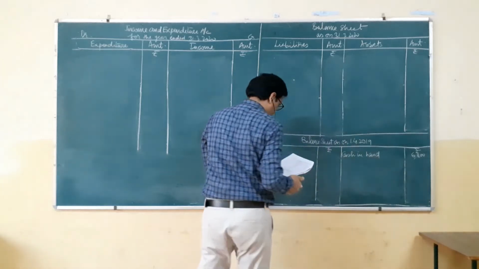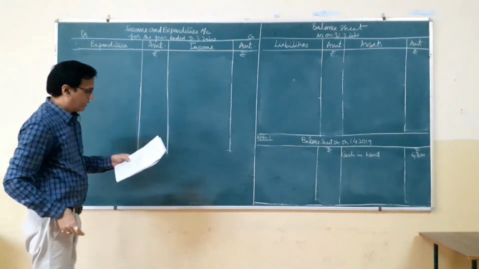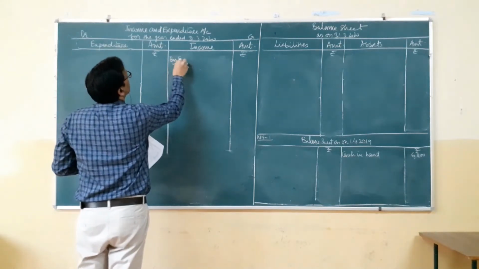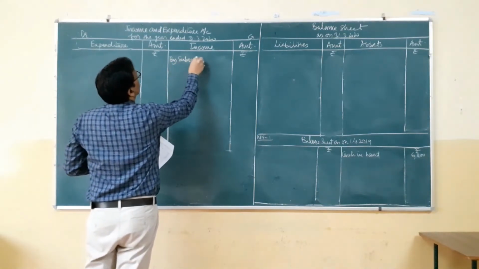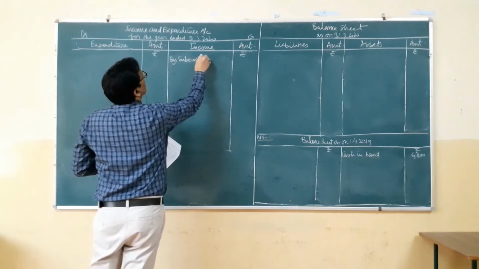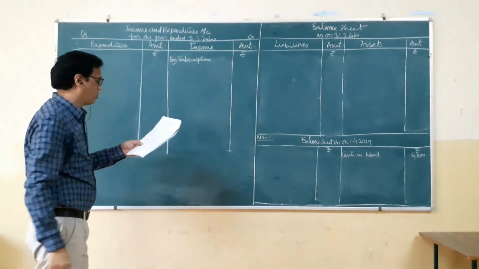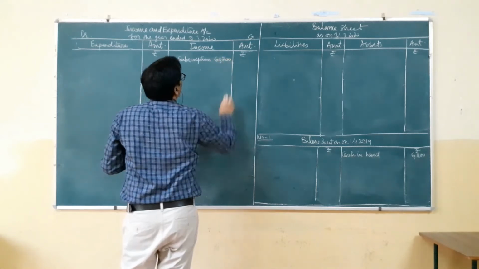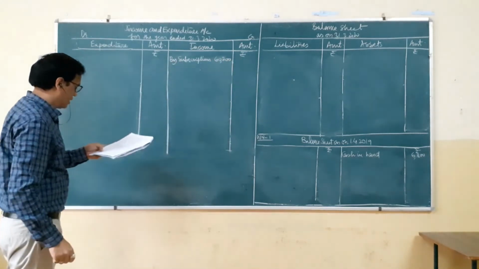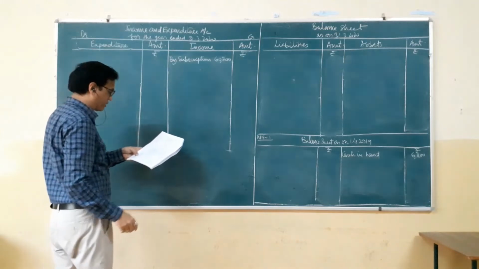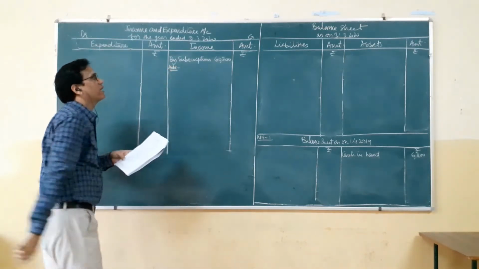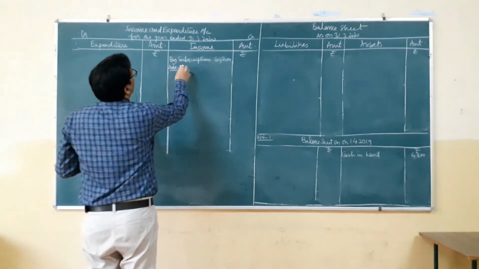Simultaneous methods we are solving this question. Then to subscriptions. So it is income. Here we write by subscription. If you go item wise, then chances are less that you are missing any item. So 60,200. Now informations below the receipts and payment account. In additional information, we are given two informations: outstanding and advance. So what we add?